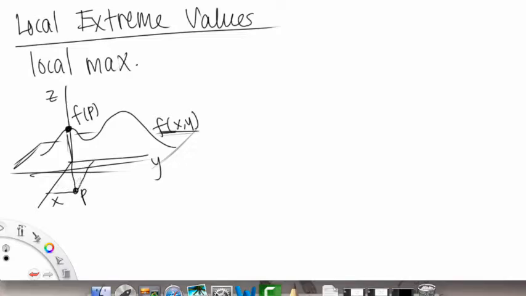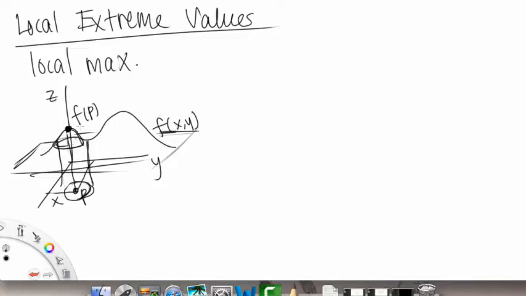When we're looking at local things, we look at a small disk right around the point on the xy plane. Everything around here, when we transfer these points up and plug them into the f of xy surface, everything else around this point is below it as far as the z, the height, goes.